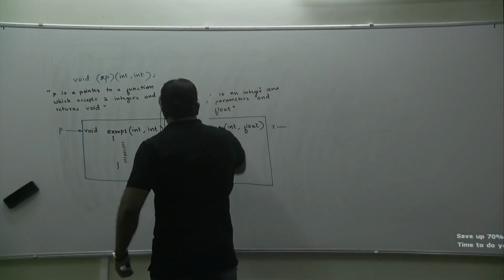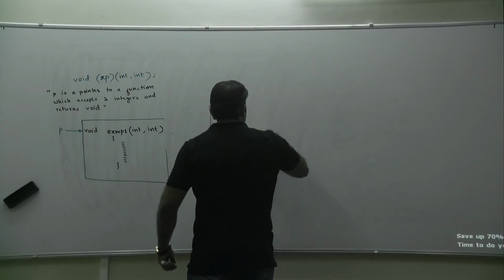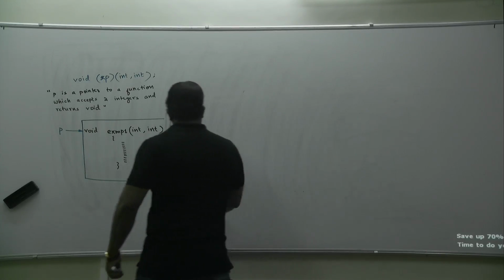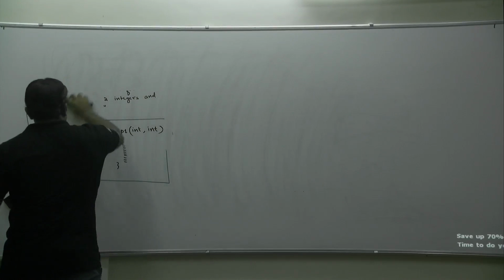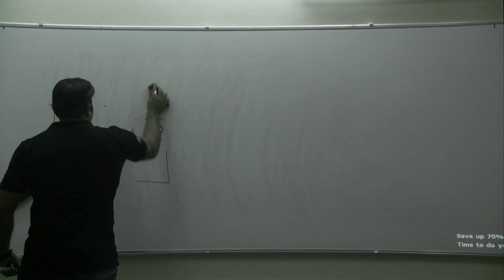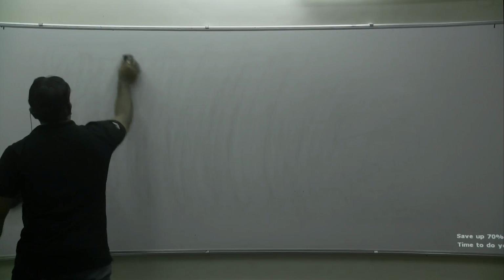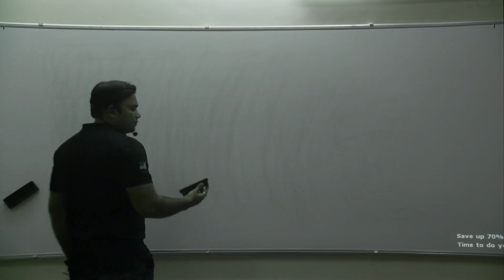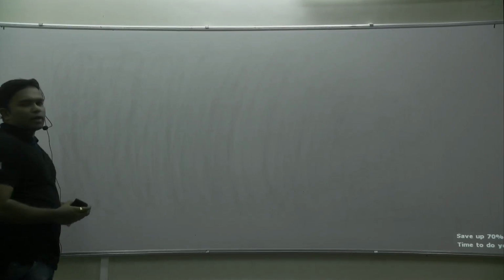First one, direct method. Second, indirect method, in brackets, pointer method. Now take down the first method.